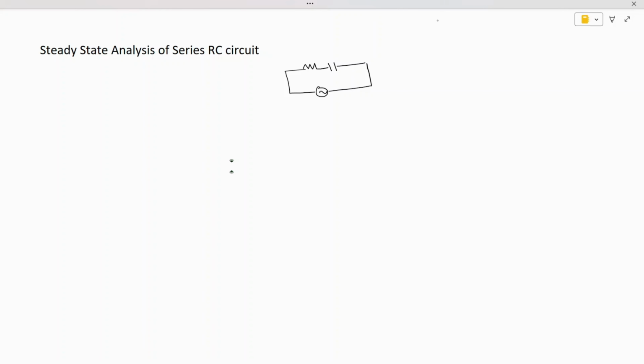This instantaneous voltage we write as small v equal to V maximum sine of omega t minus 0 degrees, and this is the resistance, and this capacitor we write as minus j XC ohms, and the current we get as small i. This instantaneous current is maximum current into sine of omega t plus phi. Okay, here phi will be 90.